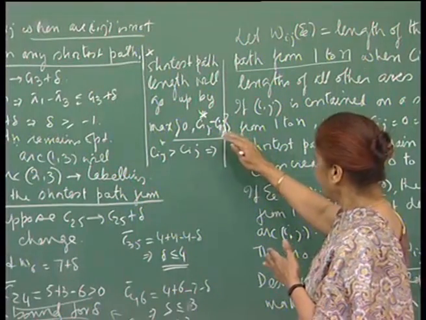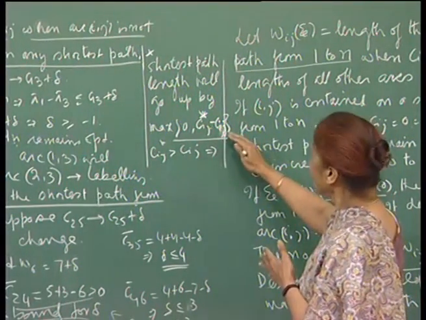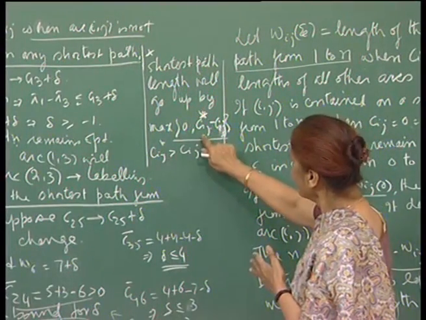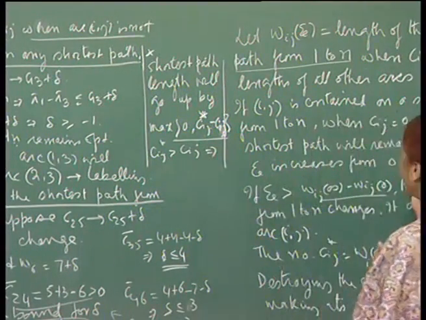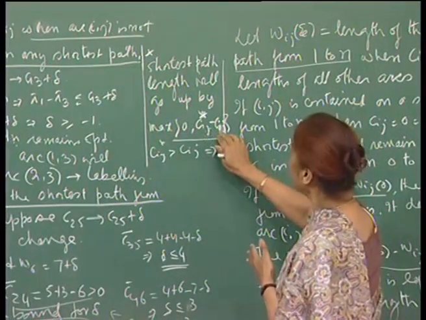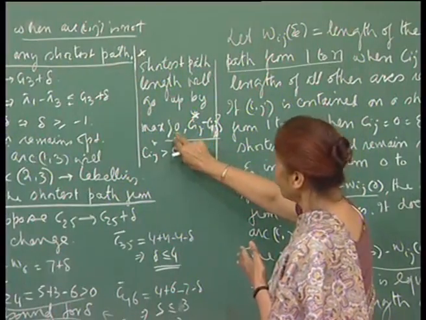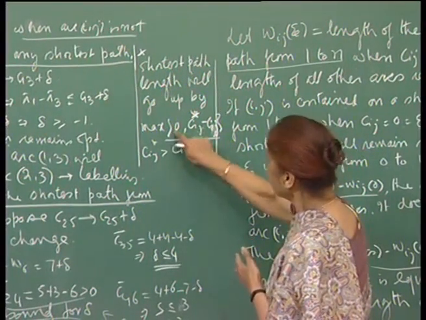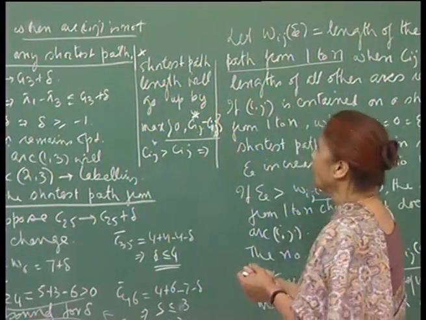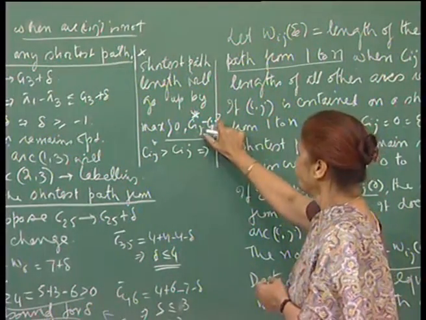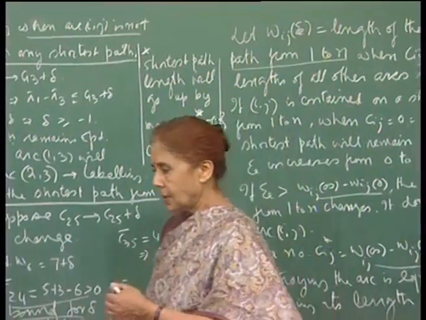So, the arc ij will remain on the shortest path, right, and the moment C_ij becomes equal to C_ij*, or C_ij is bigger than C_ij*, then this number will be negative, and so max will be 0. So, essentially your shortest path length will go up by this amount if C_ij is less than C_ij*.